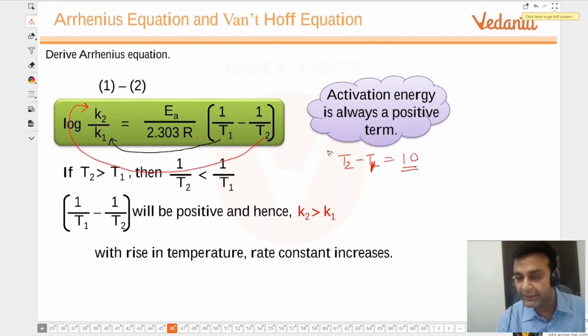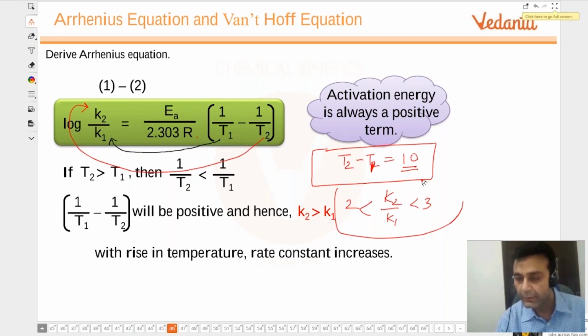If I keep the difference of 10 Kelvin, then what do you find? This K2 upon K1 lies between 2 and 3. It means the rate constant becomes double to triple, and that is why the rate of reaction also becomes double to triple.